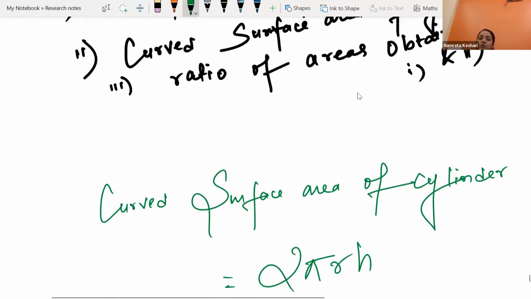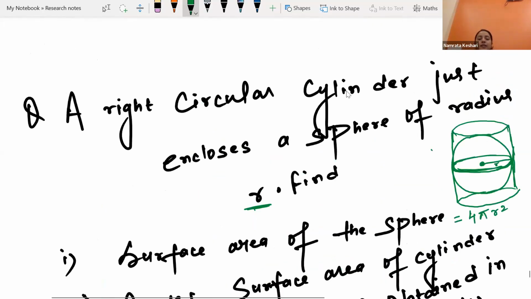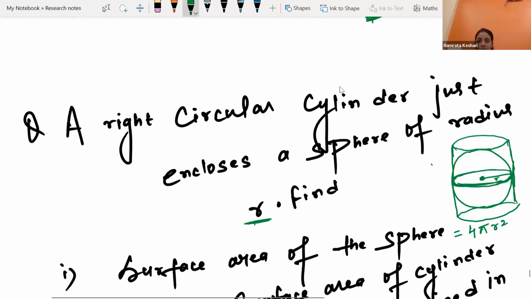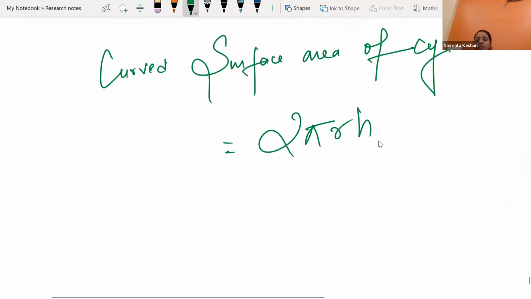Now here we don't know what is the radius, what is the height. So let's try figuring it out. Radius will be r over here, because cylindrical shape, how do we get the cylindrical shape?